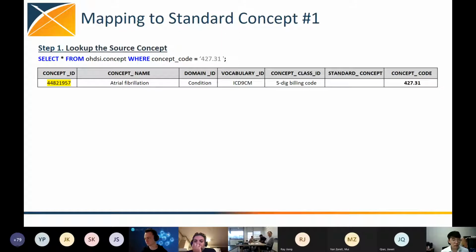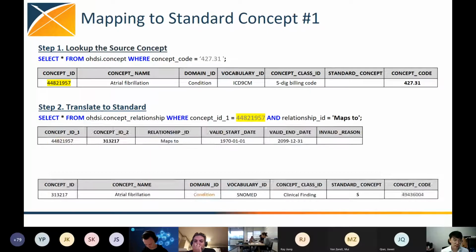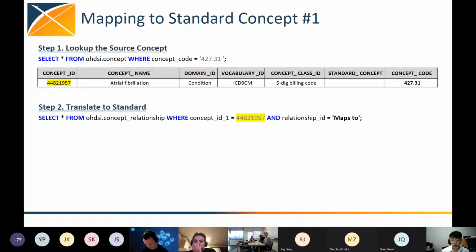By using SQL code, you can find this concept in the concept table of OMOP CDM. Then you need to translate this concept to standard. There is a concept relationship table in OMOP CDM, and there are many relationships, and among them there is a Maps to relationship.